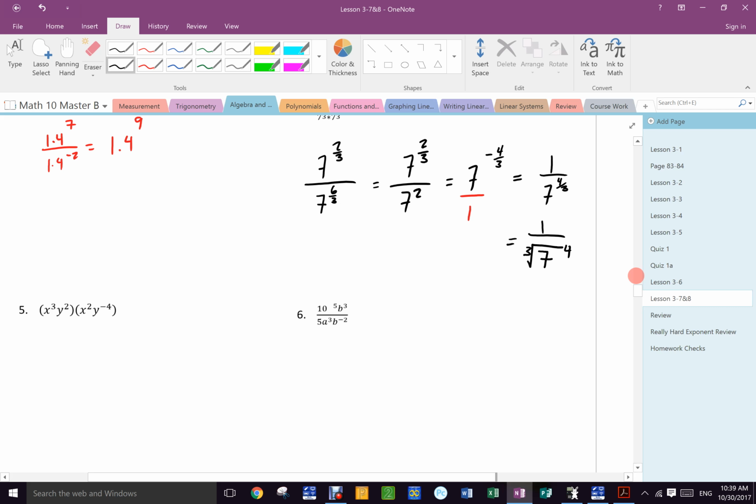Look at 5. Looks weird, right? What else does that one work with? The other x.